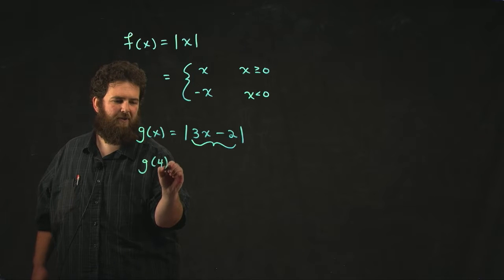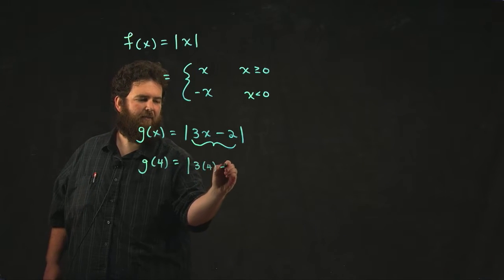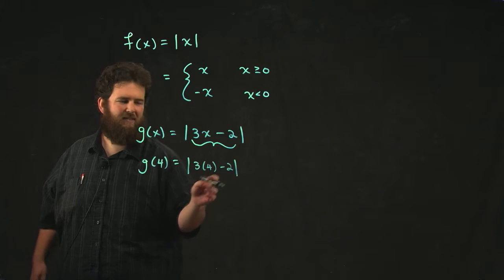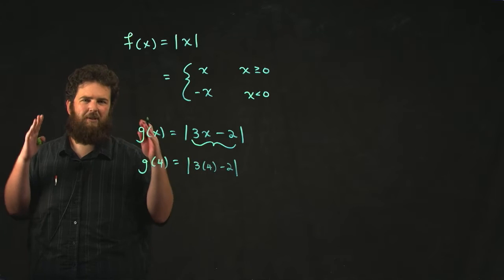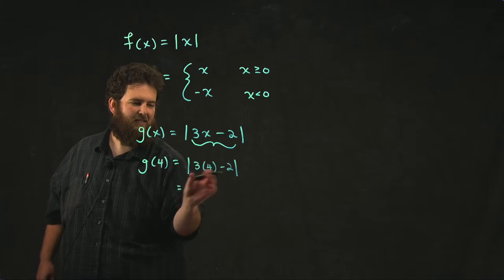So g of 4 is the absolute value of 3 times 4 minus 2. We'll close that absolute value sign. You could think of these almost as a grouping symbol, like parentheses. It's going to group everything inside together there.